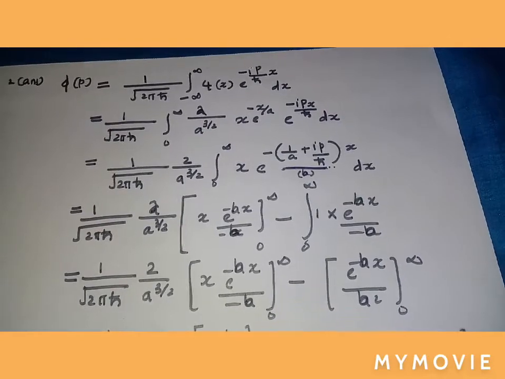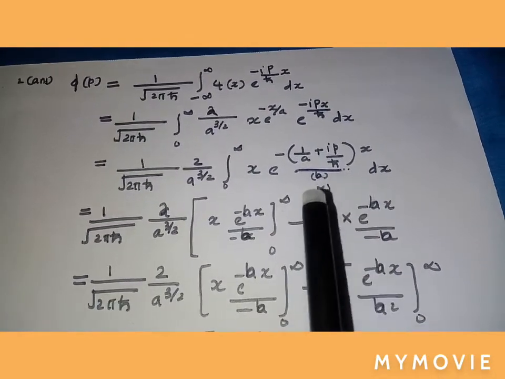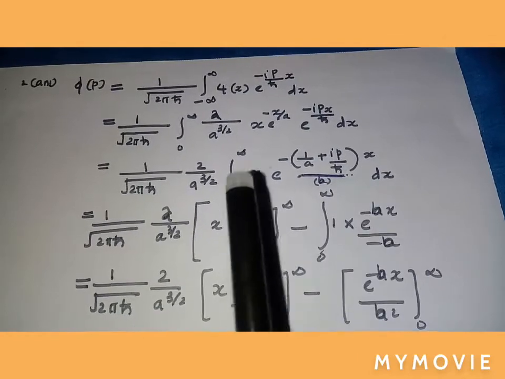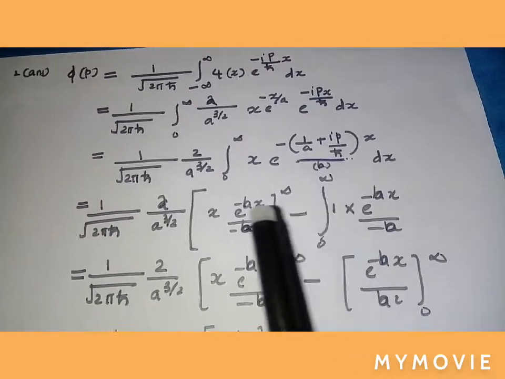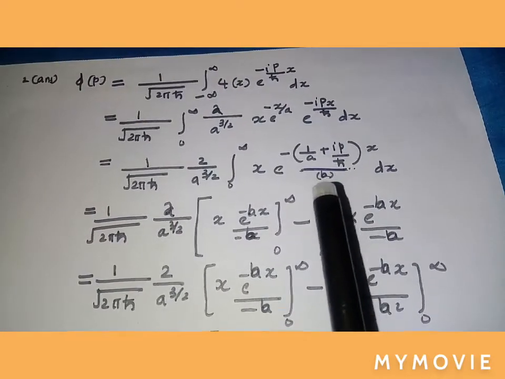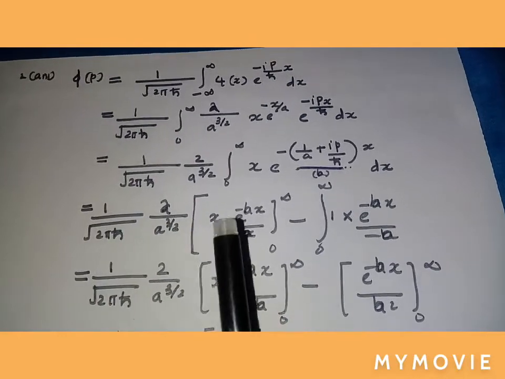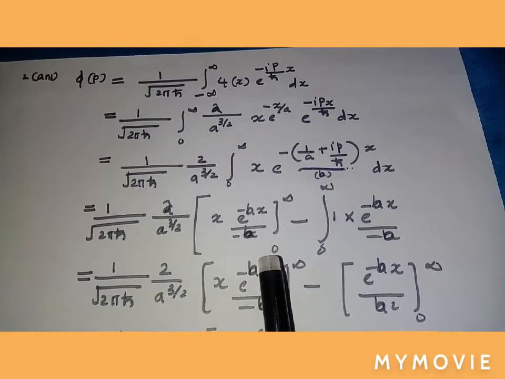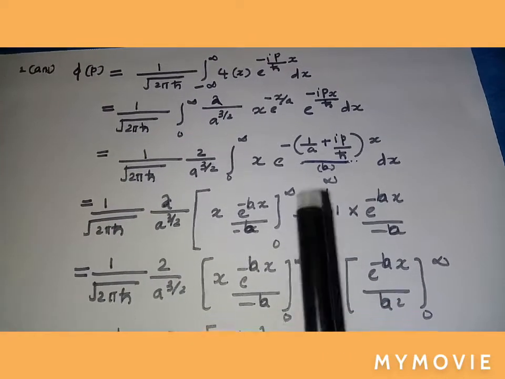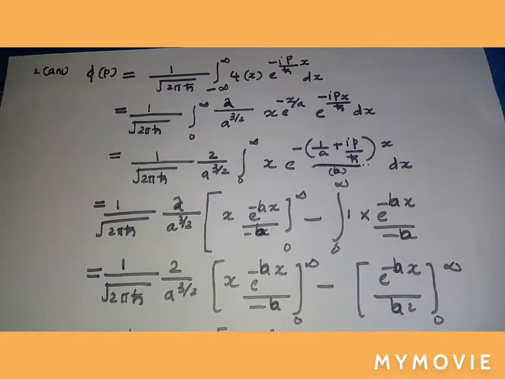Here we can use integration by parts, that is, first function into integral of second, minus integral of derivative of first into integral of second. So we take the first function as x and the second function as the exponential function. So x into e raised to minus b x by minus b from 0 to infinity, minus integral from 0 to infinity of 1 into e raised to minus b x by minus b.